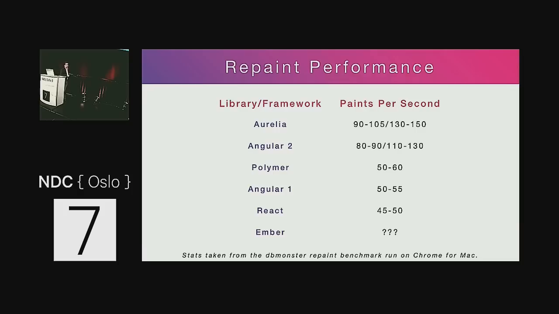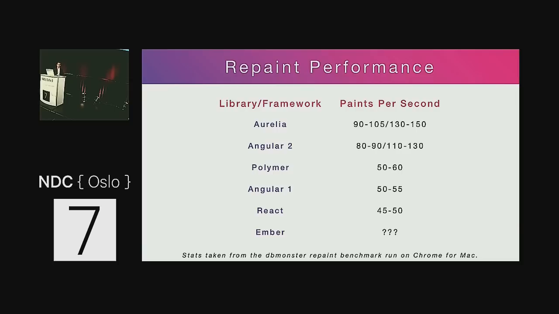I know that Ember has done extensive work in performance, which I believe makes it definitely as fast as Polymer, but maybe up there with Angular 2 and Aurelia as well. But you can see that Aurelia and Angular 2 are pretty much head-to-head in terms of performance here. They're really, really close. On my machine, Aurelia was a little bit faster, but it's kind of negligible in that first number.